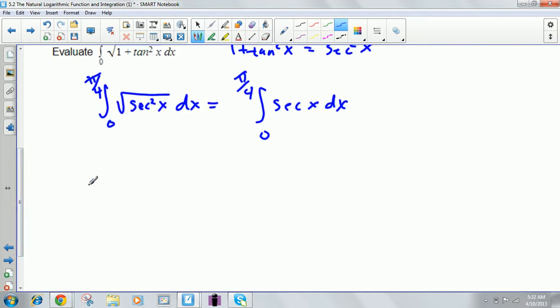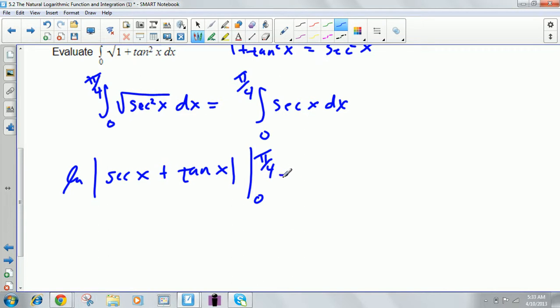And so that is the natural log of the absolute value of secant x plus tangent x, and you're taking this from 0 to pi over 4. So we plug our upper limit in, minus our lower limit.